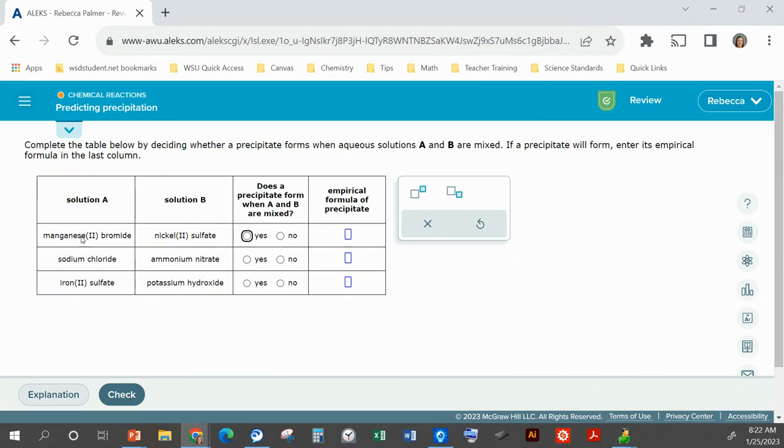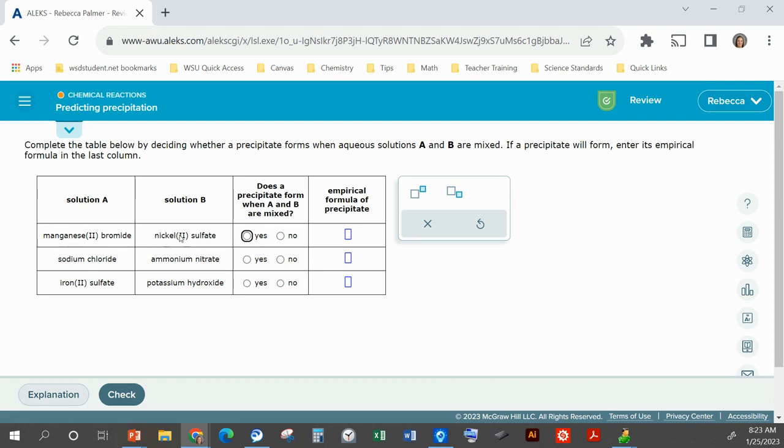Okay. So we are going to do one of these together, and then we'll see how we're feeling. So generally these are going to be soluble. You're going to mix, just like in our lab, a soluble thing. So clear solution plus clear solution, you're going to see if it forms a precipitate. We're predicting. So this is soluble, and we're adding it to this, which is soluble.